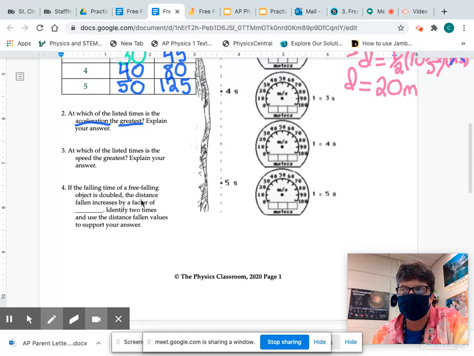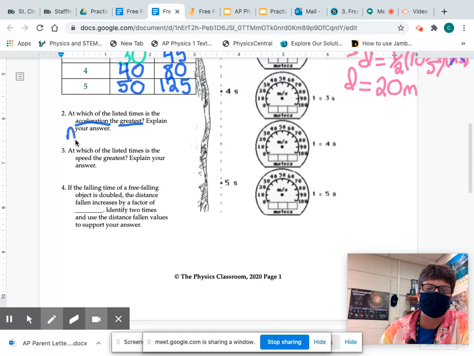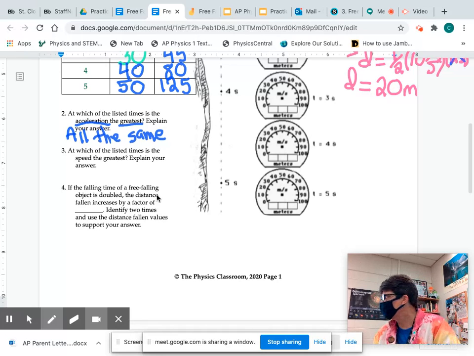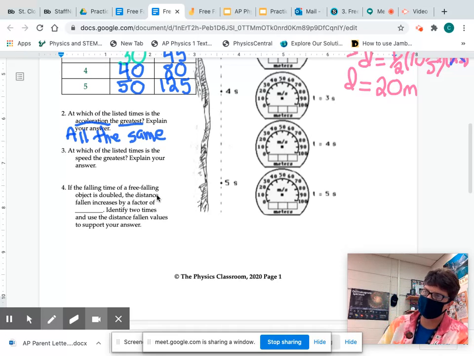This is a trick question. They're all the same, because gravity pulls on all objects at the same rate. So on Earth, it's 10 meters per second squared. On the moon, 1.67 meters per second squared. Okay?